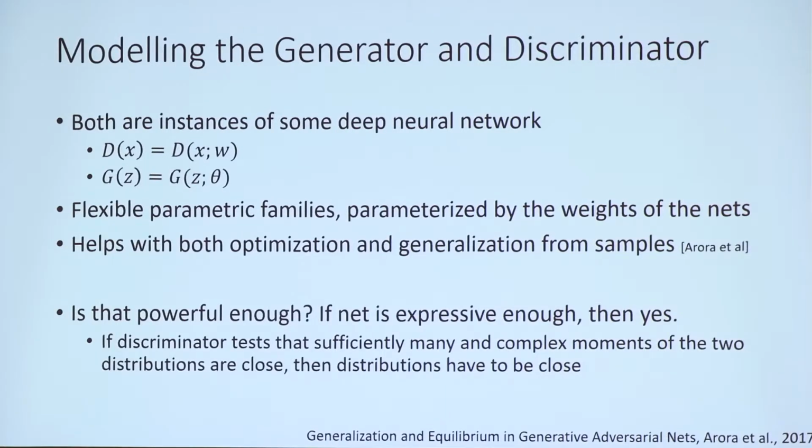Typically the answer will be yes, as long as the discriminator can test many moments of the underlying data, then it will be strong enough to identify the parameters of the underlying distribution. Of course, this is a very hand-waving argument, but that's the whole idea behind GANs: if we put in a very flexible discriminator, we'll be able to test all possible moments of an image, and if some moment of an image does not match under the true and the fake data, the discriminator will be able to identify that.